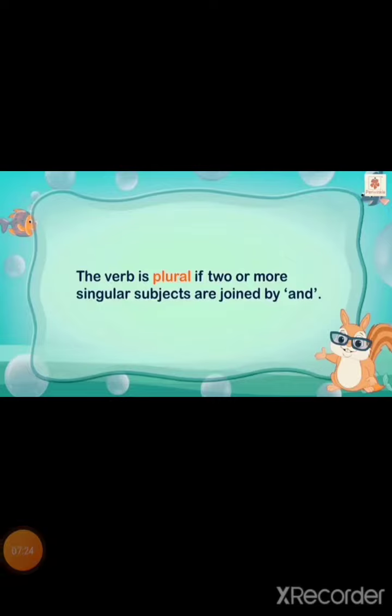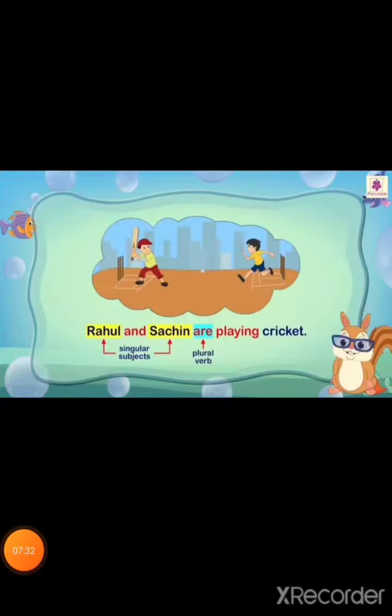Now, the verb is plural if two or more singular subjects are joined by and, meaning Rahul and Sachin are playing cricket. So Rahul is singular subject, Sachin is singular. So both the singular subjects are joined by and.